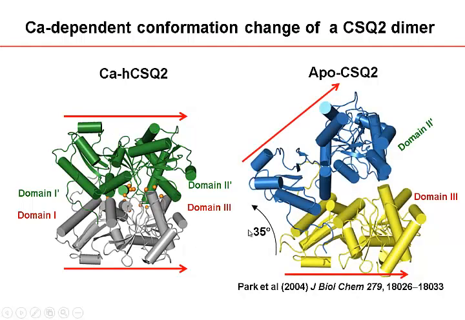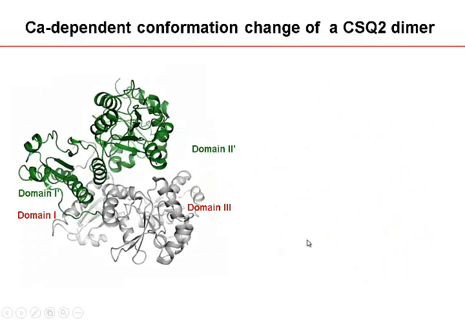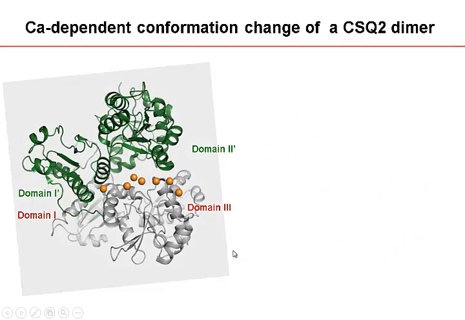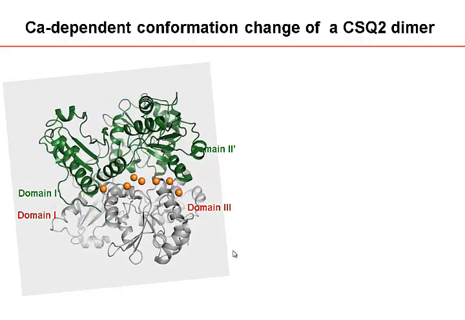In contrast, in previously reported CSQ2 dimer without calcium binding, the two monomers are bound with an angle of 35 degrees. Here is a movie showing calcium-dependent change of a CSQ2 dimer.